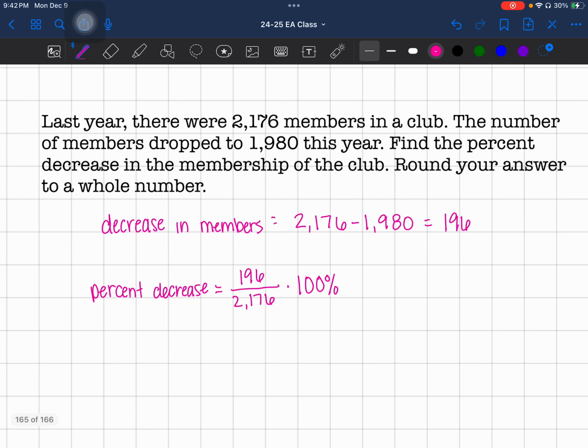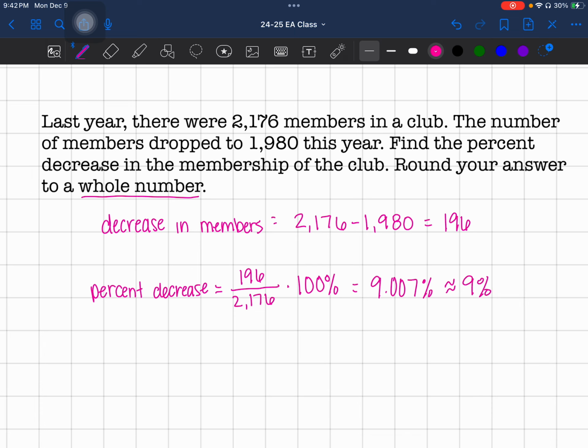Okay, this is where you can use a calculator. You can multiply 196 times by 100 divided by 2,176. And you should get 9.007%. But remember, we're rounding to a whole number, so this rounds to 9%.